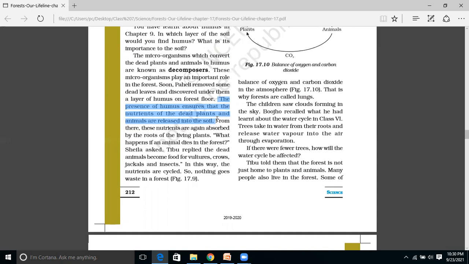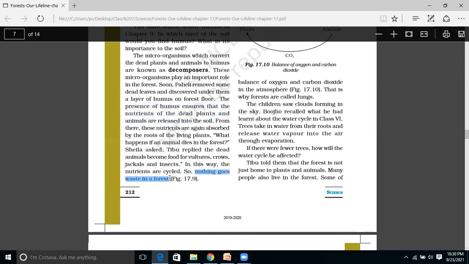Now even if an animal dies in the forest, the insects will feed upon it, and like that the cycle will keep on going, and therefore we can make a statement that nothing goes waste in a forest.